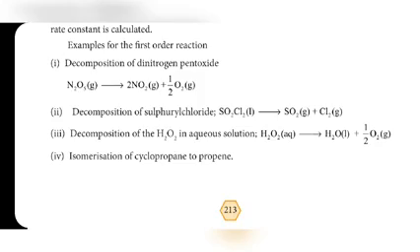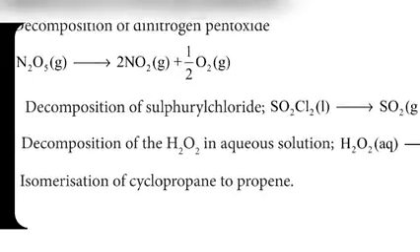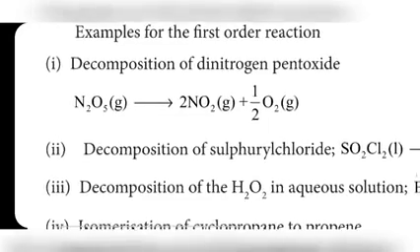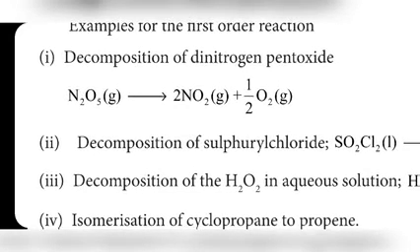Decomposition means splitting, breaking. So this dinitrogen pentoxide is split into two compounds, one is NO2 and another one O2. Here the rate of the reaction depends only on N2O5. So this is an example for a first order reaction.